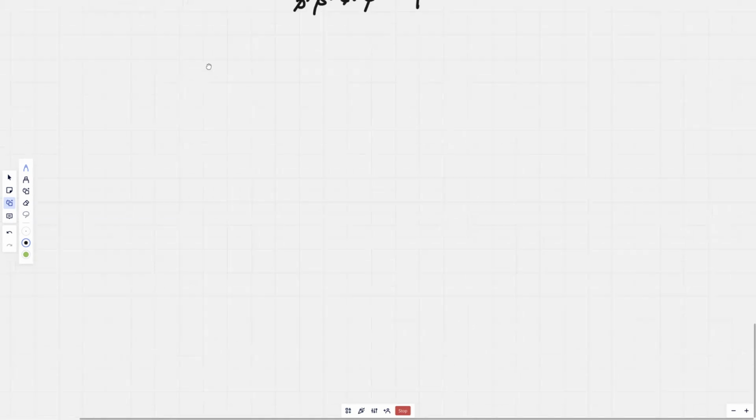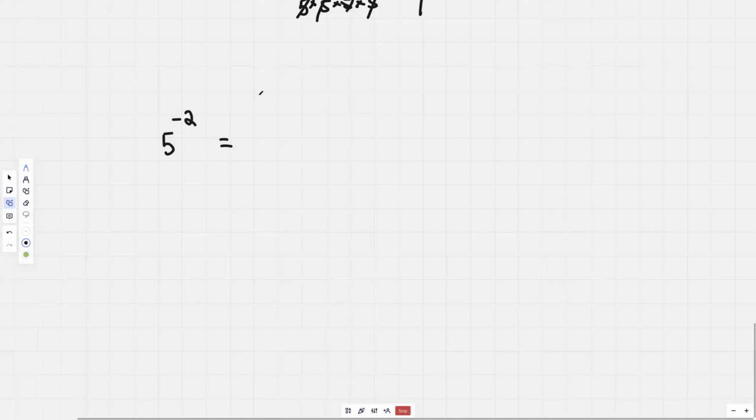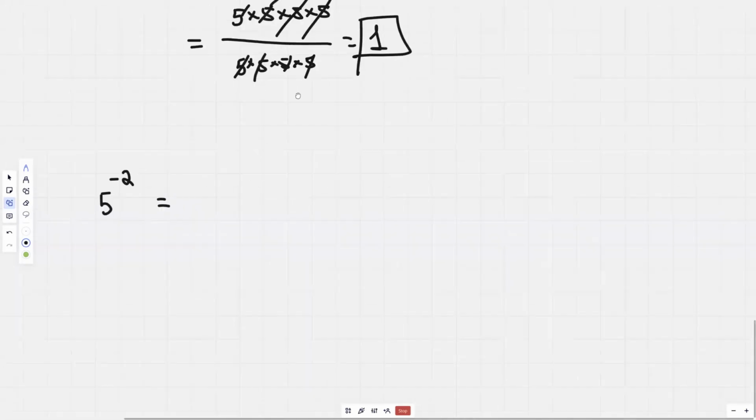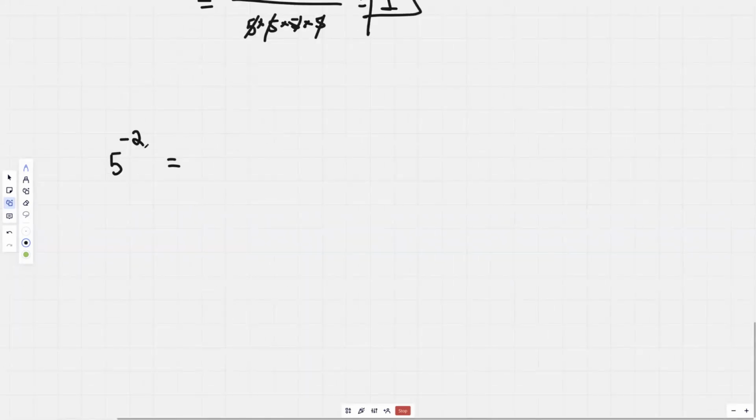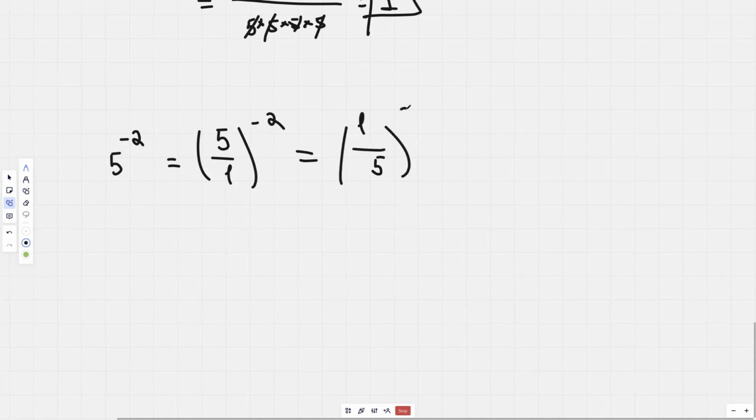So let's take some examples. Let's say, what is 5 to the power of -2? This can be solved by rule number 4. 5 to the power of -2 is equal to 5 over 1 to the power of -2. And the negative sign will change the position of it, 1 over 5 to the power of 2.